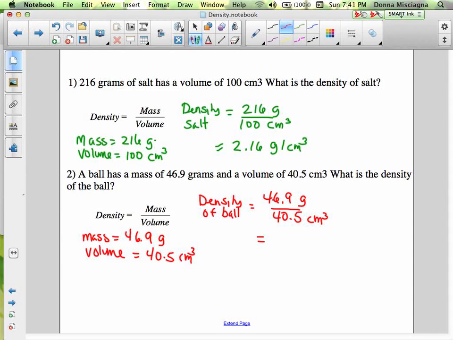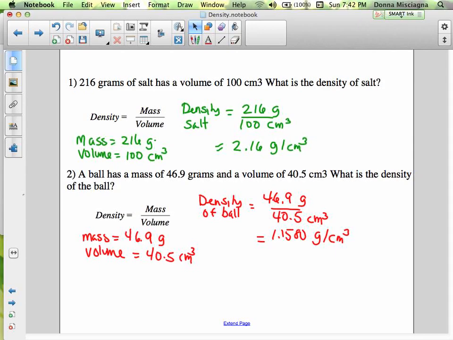It's getting dark in here, I can't see the numbers in the calculator as well. And that was 1.1580. The number after the 0 was a 2, so 1.1580, and that is grams per centimeter cubed.